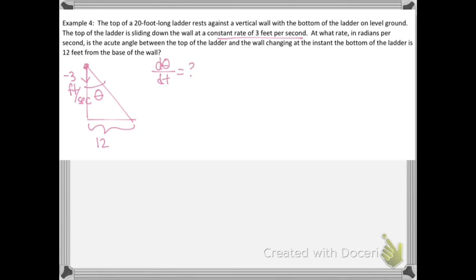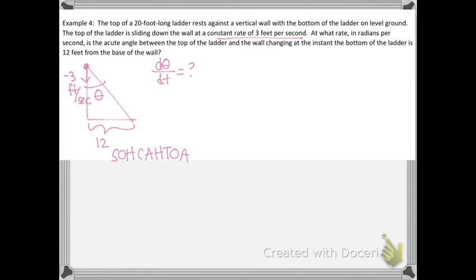I'm not going to label my sides B, the base, and height, or A and B, because I'm not using the Pythagorean theorem this time. Instead, since we're talking about radian measures, I'm going to use SOHCAHTOA. We're talking about the side lengths of the triangle and also radian measure of the angles. So let's take a look at theta.